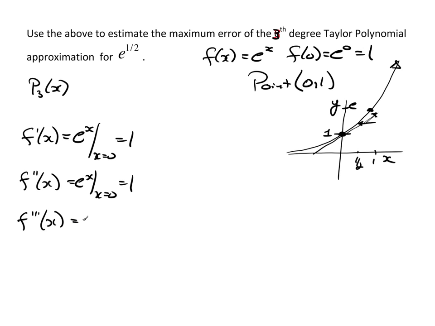I think you can see this is going to go on and on forever. Every time it's going to be e to the x, evaluated at 0. So it's going to be 1, 1, 1, 1, 1 all the way through.